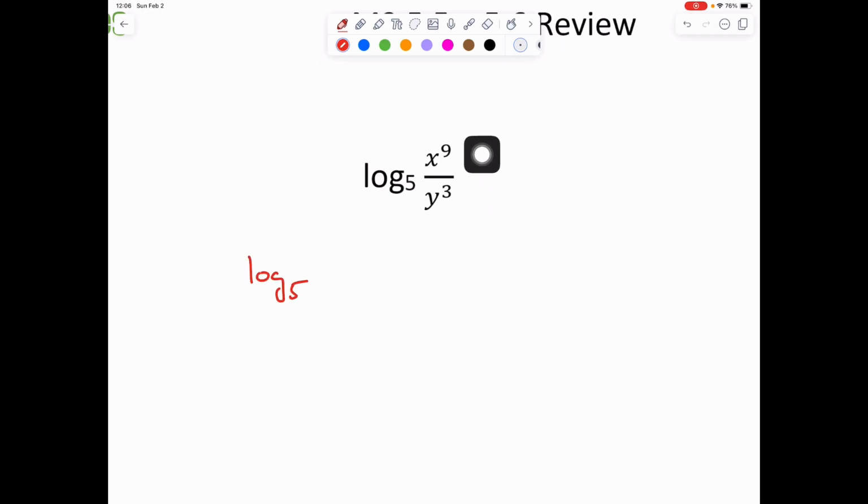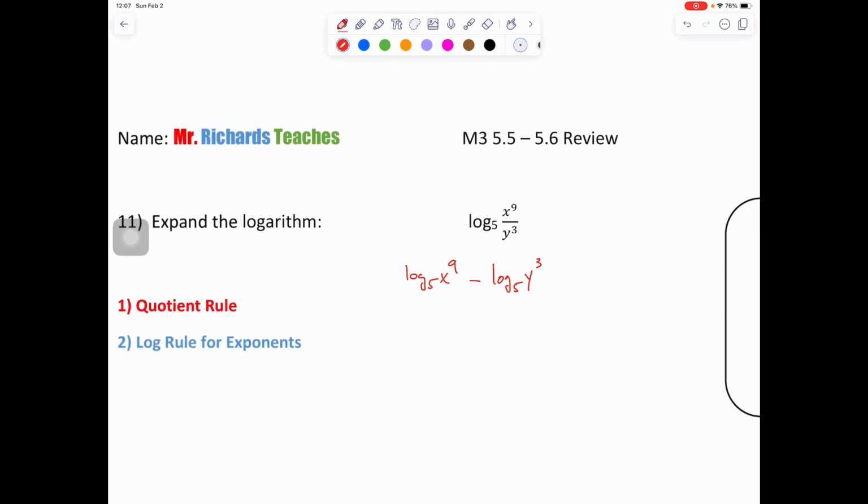We have two terms, x to the power of 9 and y to the power of 3. Let's write that first one, x to the power of 9. What does that division become? Yes, subtraction. We are expanding. So that log base 5 we will write again, and let's drop over that y to the third power.